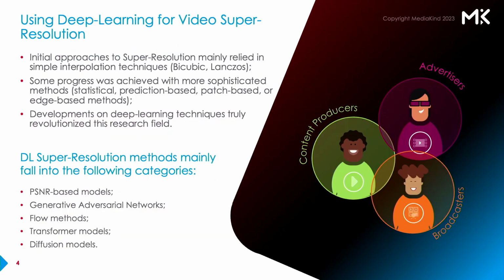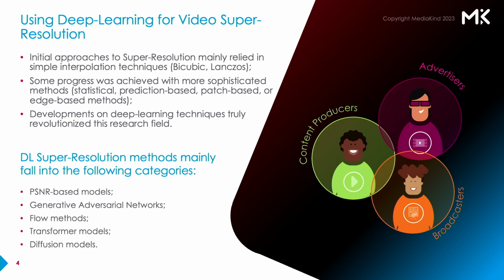As I mentioned, in this presentation we are approaching the use of deep learning to do video super resolution. Video super resolution, as most of you will know, is basically the process of getting a video or image and increasing its resolution.